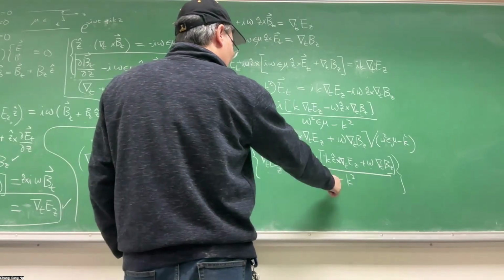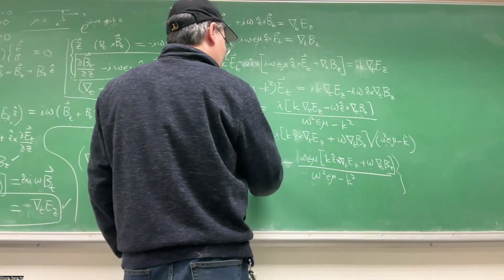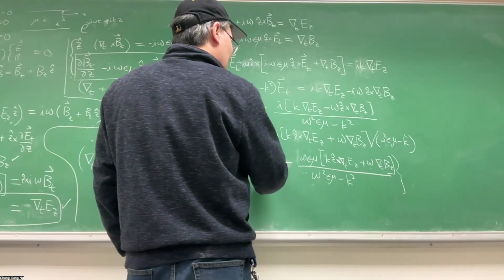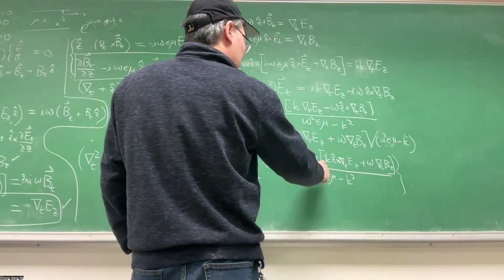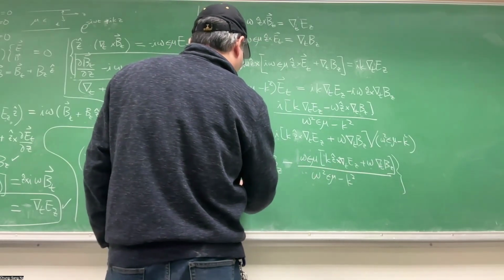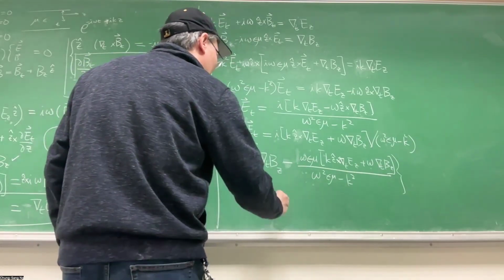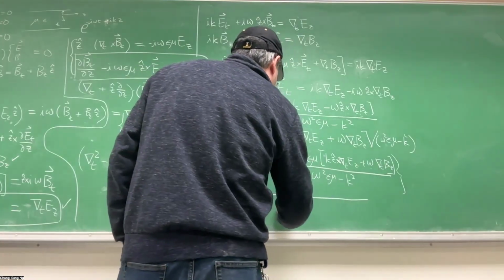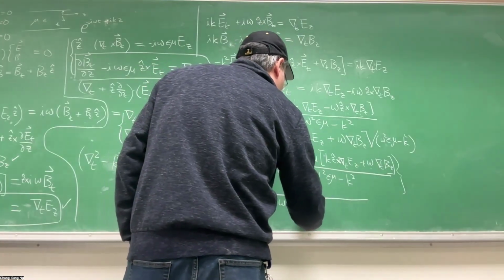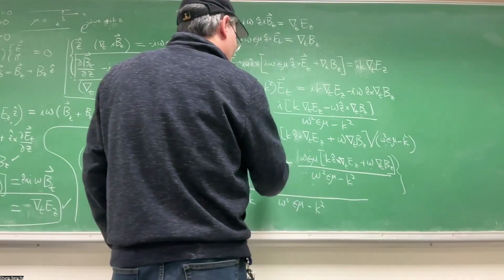So actually minus k squared is negative. Okay, and then the rest is this term. So 1 over ik, the common denominator, omega square epsilon mu minus k squared.